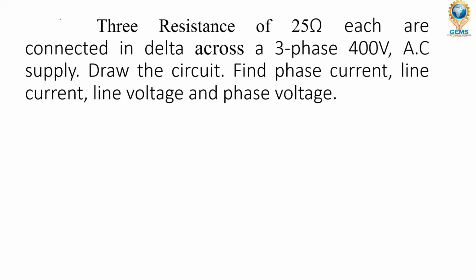Here we have to find all these things. First we'll note the given data. What is the given data here? Resistance is 25 ohms, voltage is 400 volts, it is delta connected.